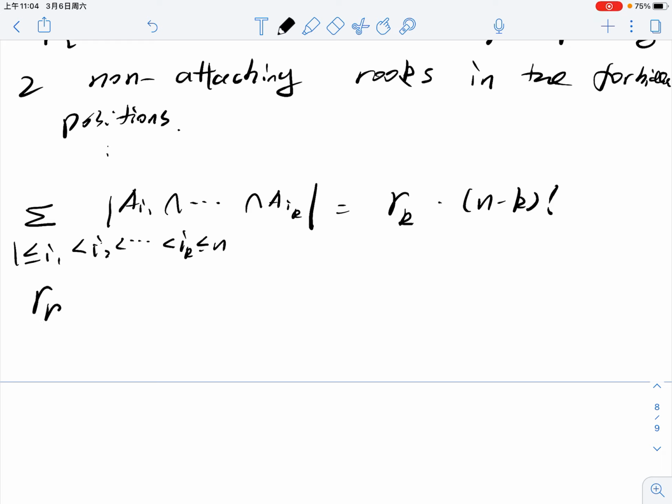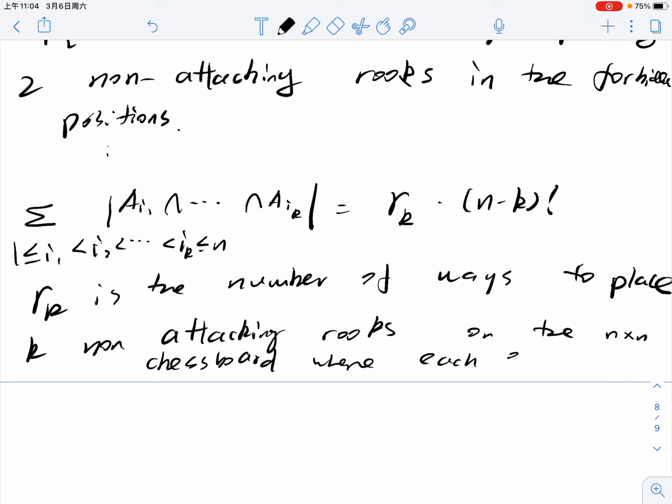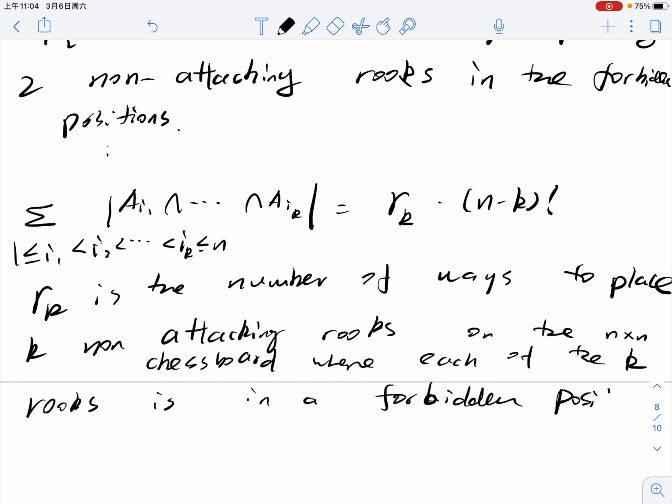So here Rk is a number of ways to place K non-attacking rooks on the M by M chessboard, where each of the K rooks is in a forbidden position. Here K is from 1 to N.